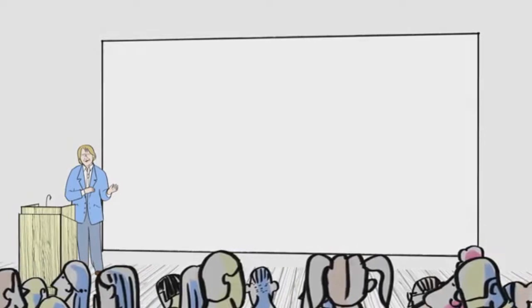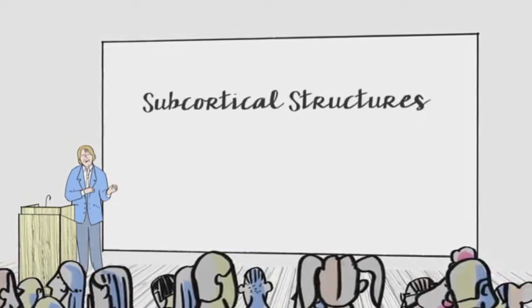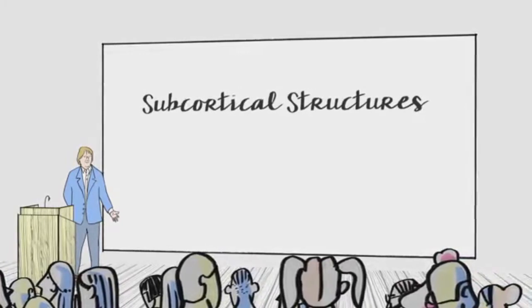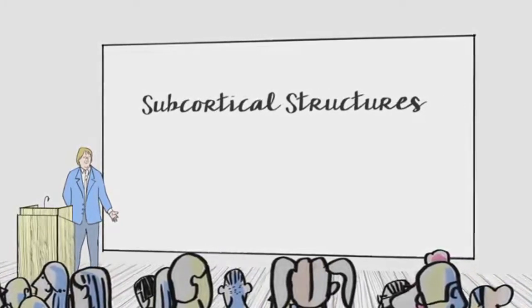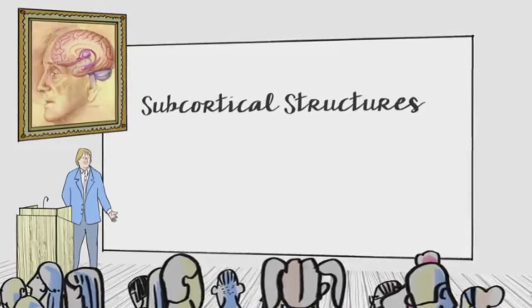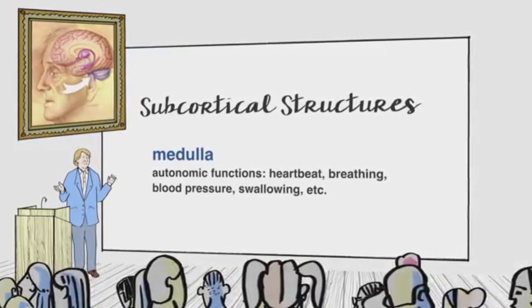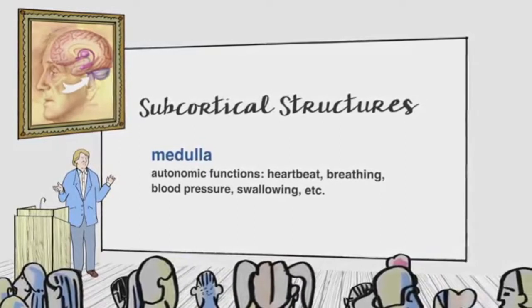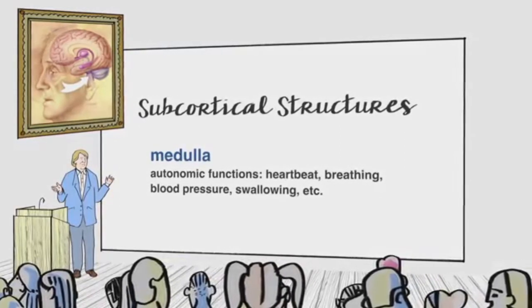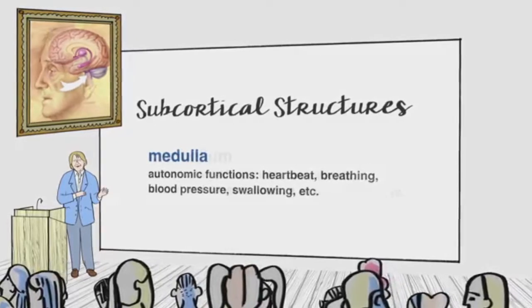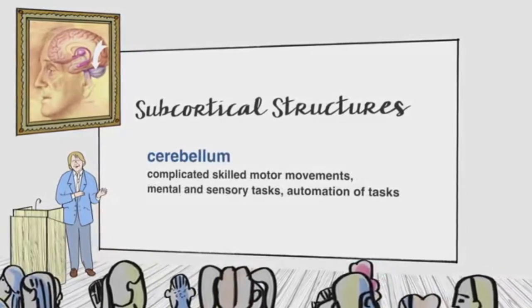Some of the structures of the brain that are highly relevant are called subcortical, which means they're below the cortex, which means they're in the center of the brain. This includes parts of the brain like the medulla, which controls certain automatic functions like your heart rate, your blood pressure, swallowing, and so on.